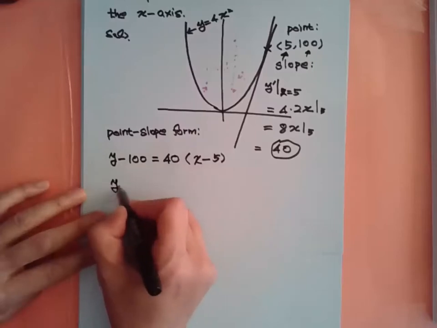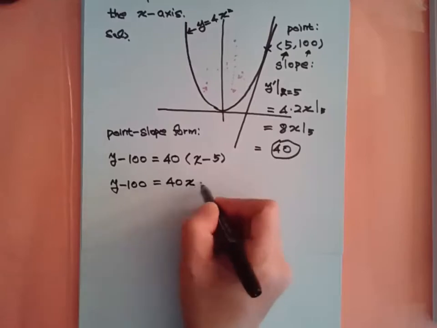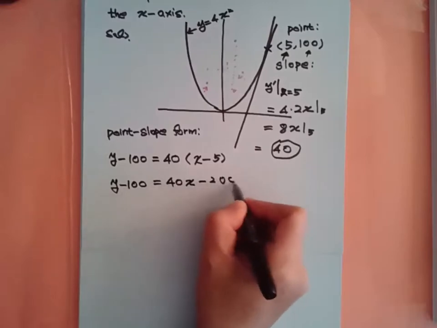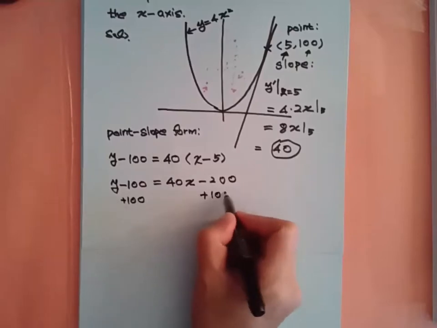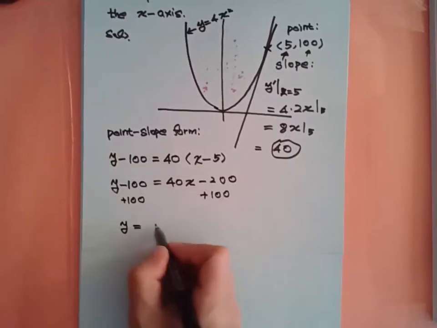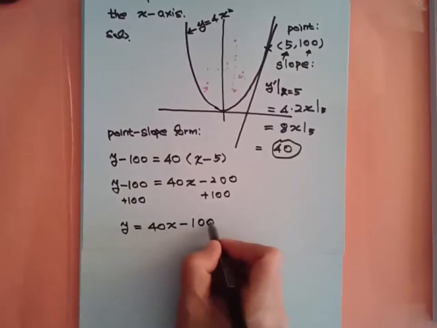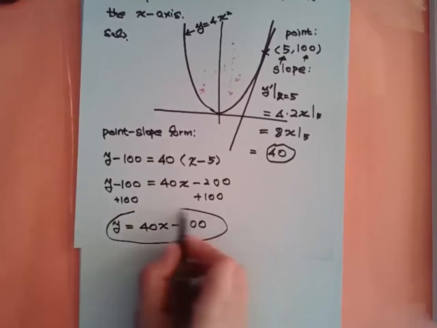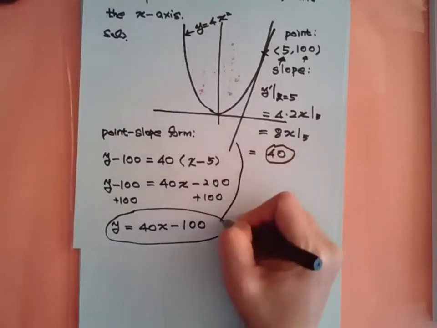So that is y minus 100 equals 40 times x minus 5, which is 40x minus 200, and we add 100 on both sides. So y equals 40x minus 100. So we got the equation of this straight line.